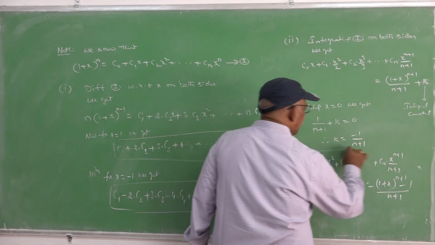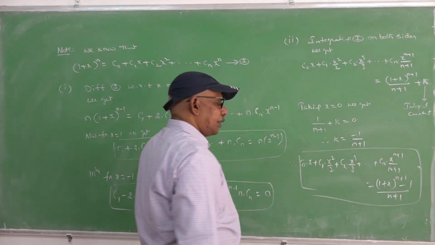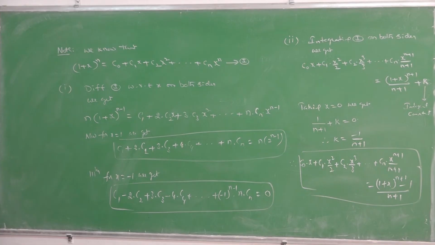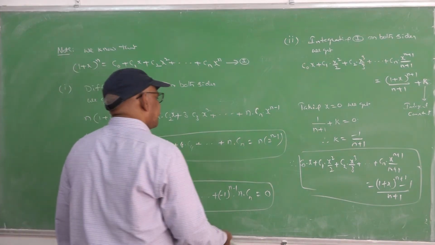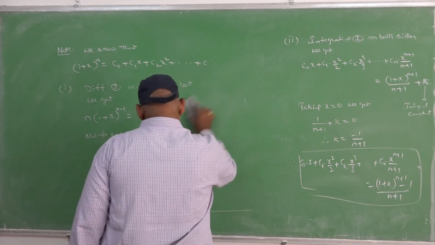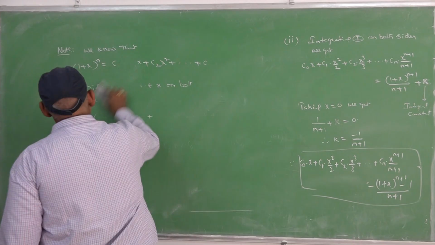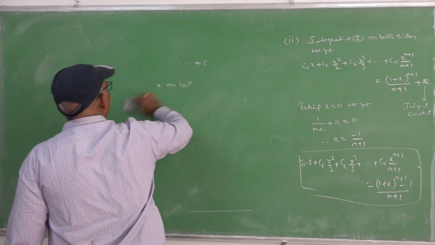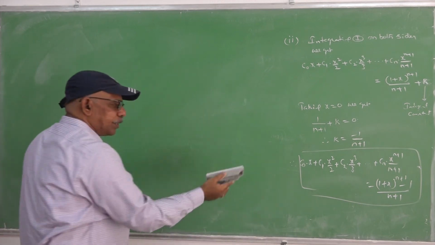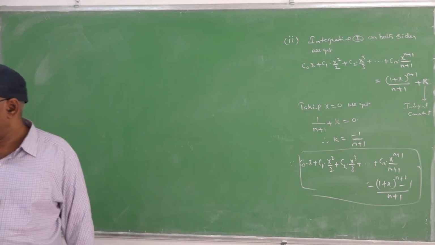This is one important result. In this result, taking different values for x, we get different results related to the binomial coefficients. This result is very useful in dealing with problems.